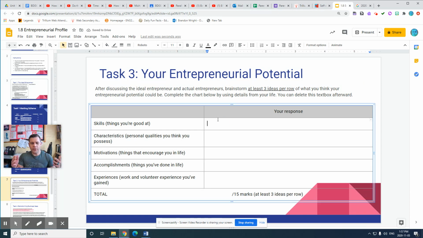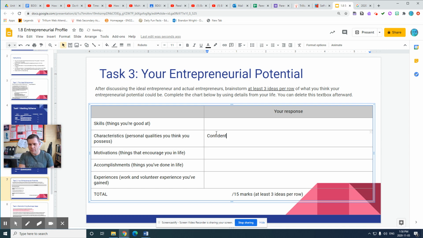List 3 things you're good at. Organizing, maybe cleaning, and say keeping track of money. Then 3 characteristics or personal qualities that you think you possess.